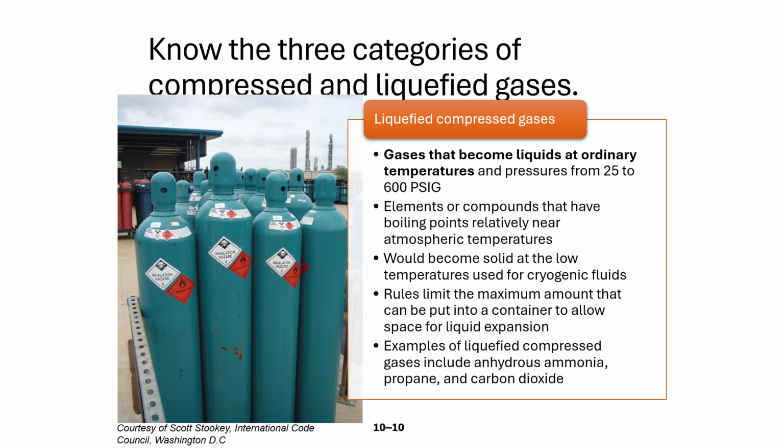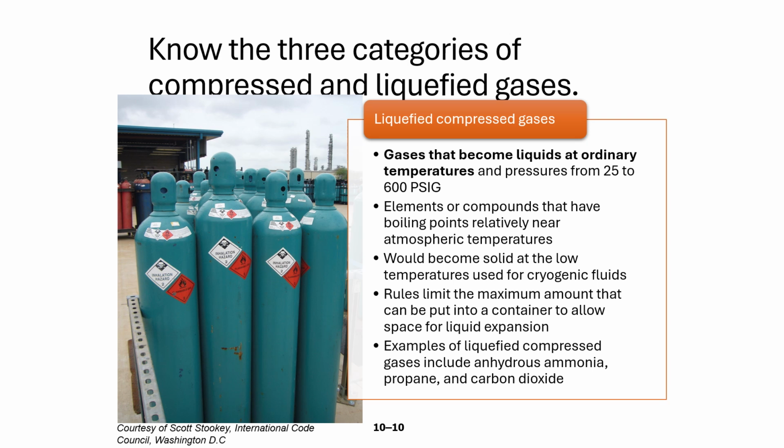Let me correct that. It's a negative 130 degrees Fahrenheit to 25 to 30 degrees Fahrenheit. Liquefied compressed gases, though they would become a solid at low temperatures, are used for cryogenic fluids.